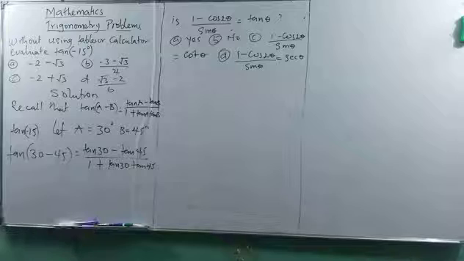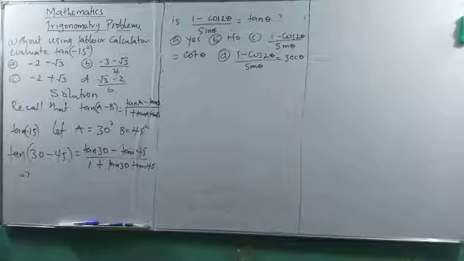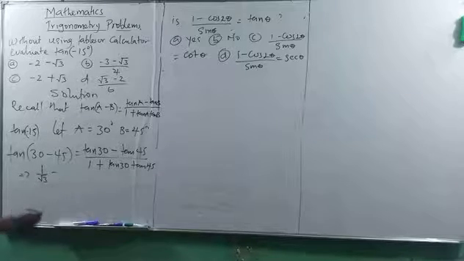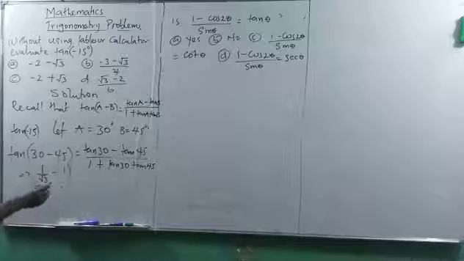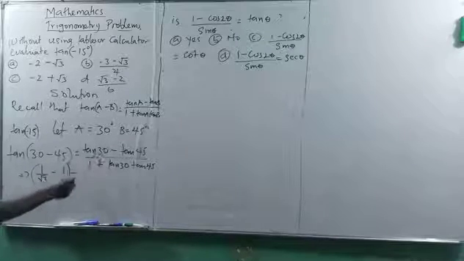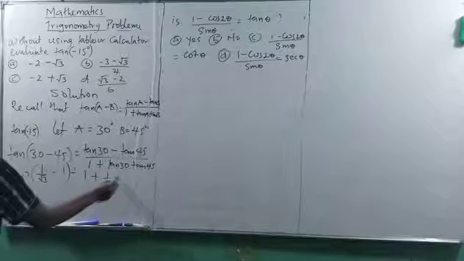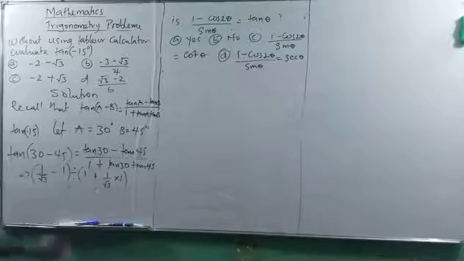By so doing, the question is very simple now. You can see that tan 30 is equal to 1 all over root 3, minus tan 45 which is 1, divided by 1 plus 1 all over root 3 multiplied by 1. Use your brackets, it is very good.